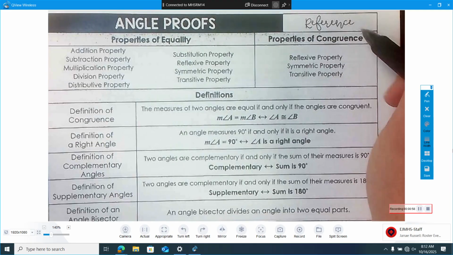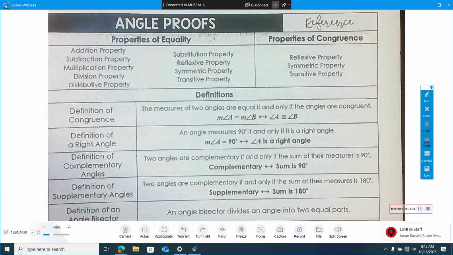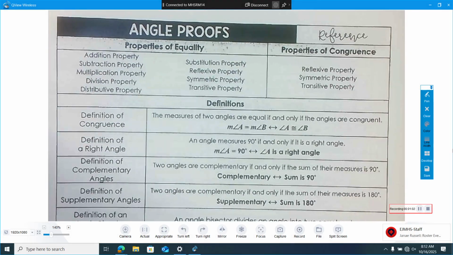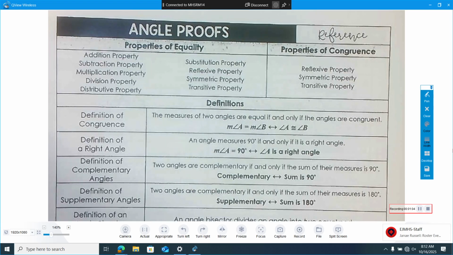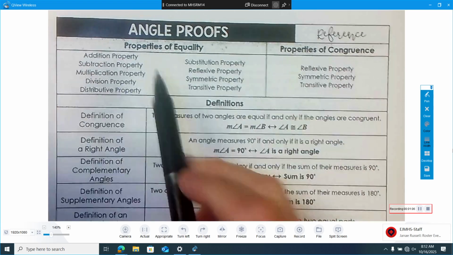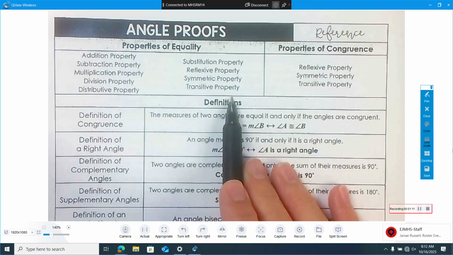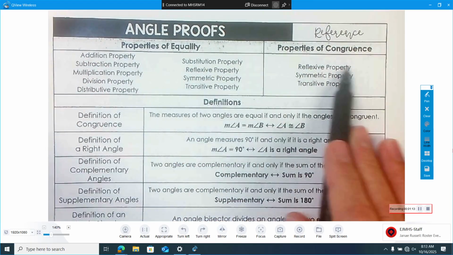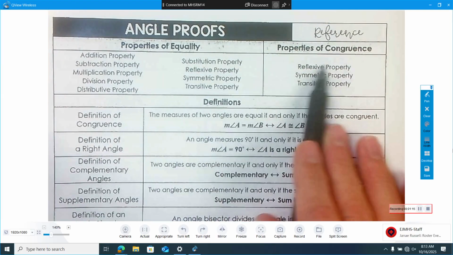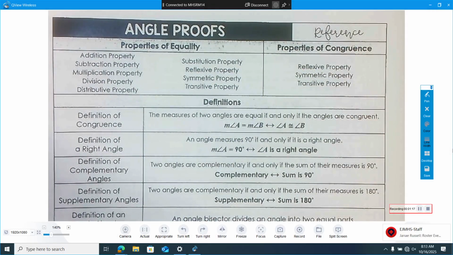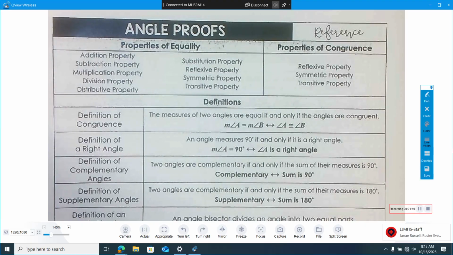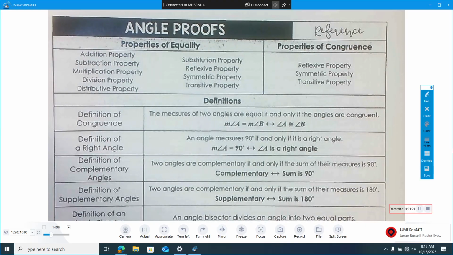This is a reference sheet for angle reasons, so to speak. We have all the properties of equality that we've been talking about. We use all of these with congruence as well. They work kind of the same, which is nice.